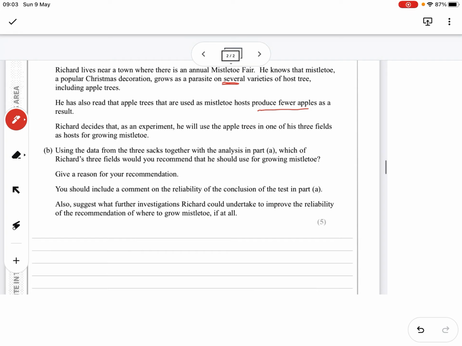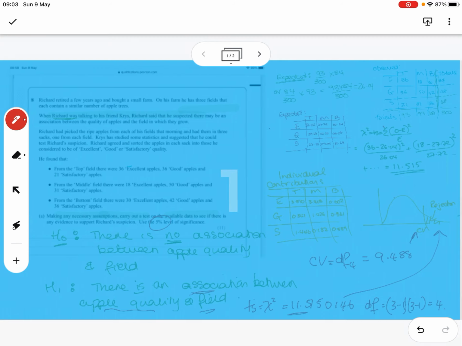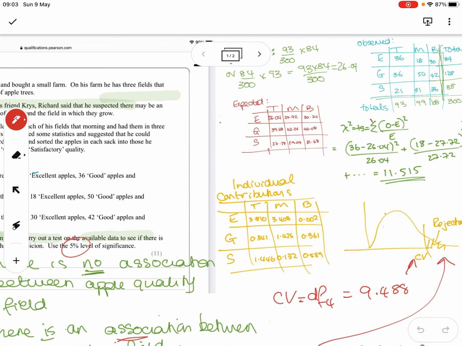Well, the most notable differences are those two we were talking about. So the top field has more. If we look back again, the top field, this one, that was what was expected, and we saw it produced a lot more. And then the middle field was expecting 27, and we got 18, so it produced less than expected.